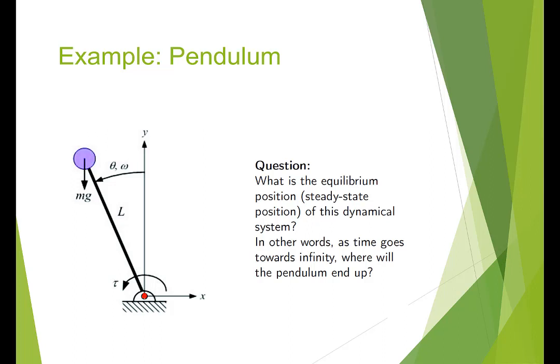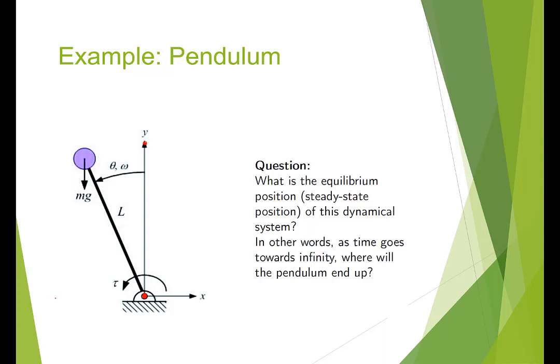And where is the equilibrium for a pendulum? The pendulum has two equilibriums. It could always fall down on the ground or it could stay upward. The upward position is the unstable equilibrium. When it's exactly upward, if you slightly touch it, it will fall down and come to the stable equilibrium, which would be on the ground.